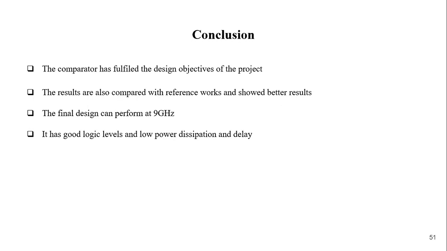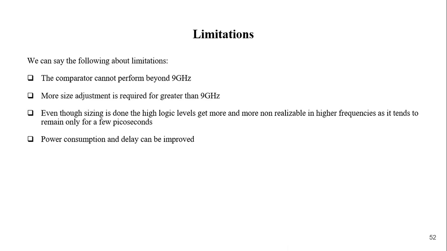So in conclusion, we can see that the results are good even at 9 GHz. The final design can perform at 9 GHz with good power dissipation and delay, and also with good logic levels. The limitation of the final design is that it can only perform till 9 GHz now.